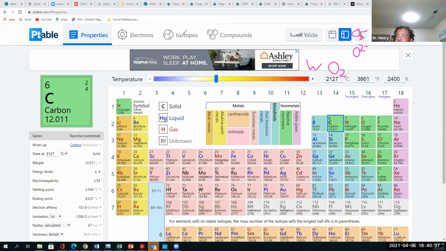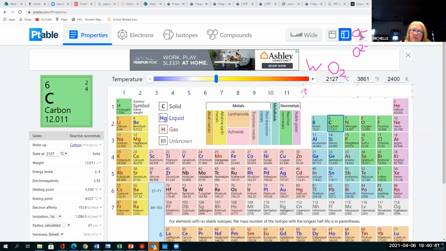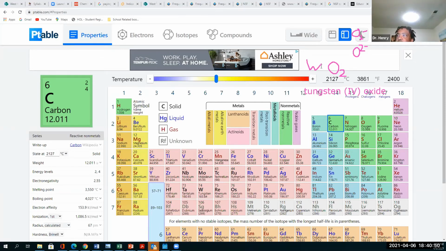So then it would be tungsten 4 oxide. Okay, tungsten 4 oxide. Because we know that oxygen is always going to be a -2 charge.